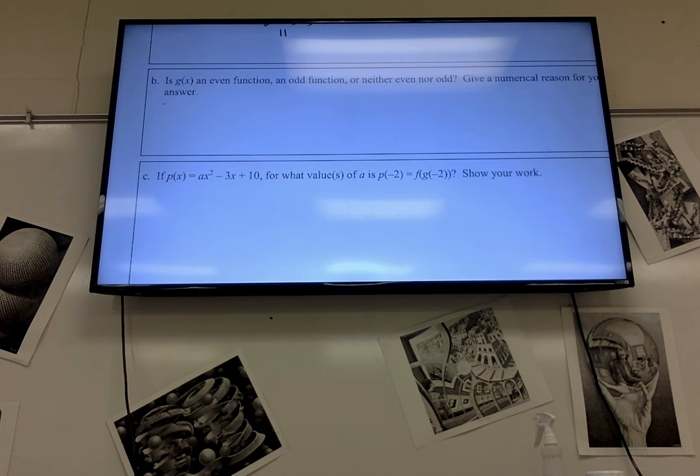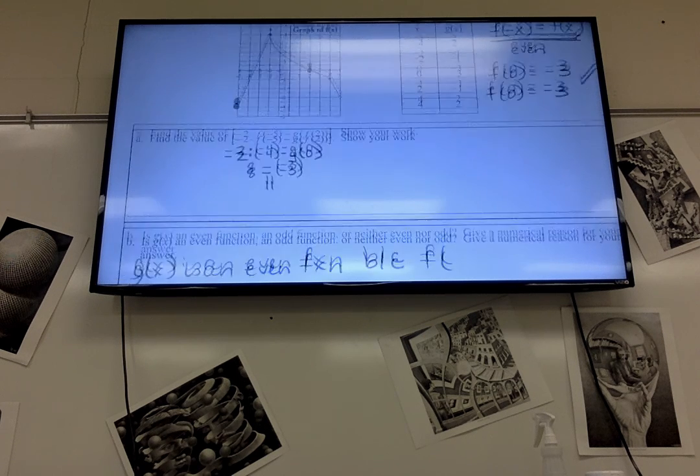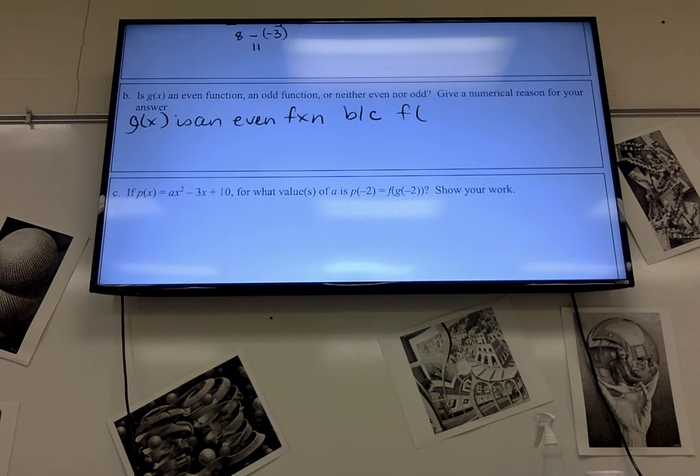So g of x is an even function because g of negative 4 equals 2 and g of positive 4 equals 2.